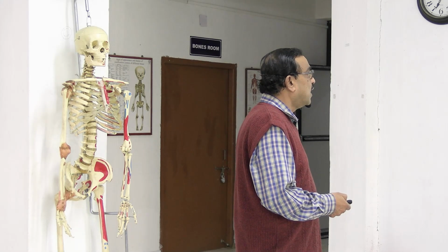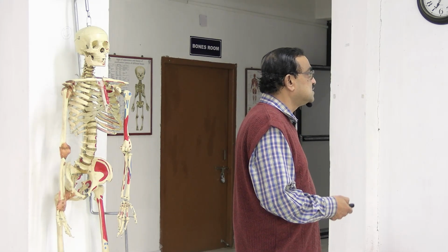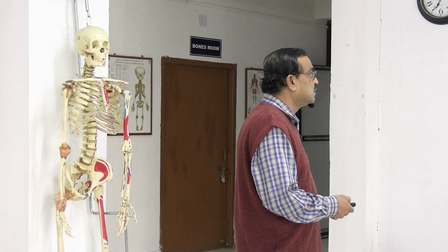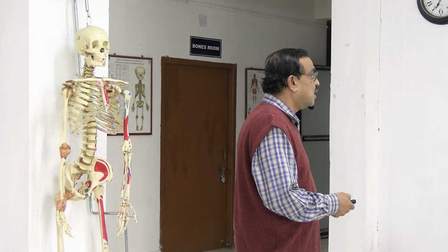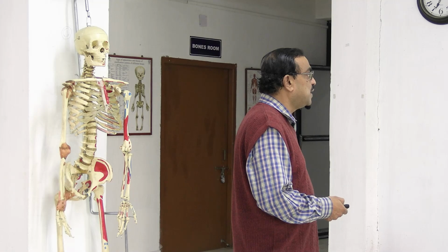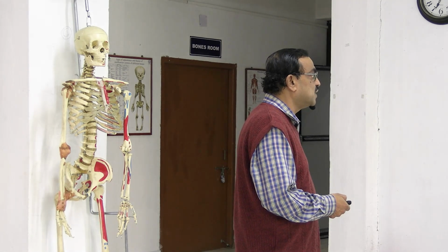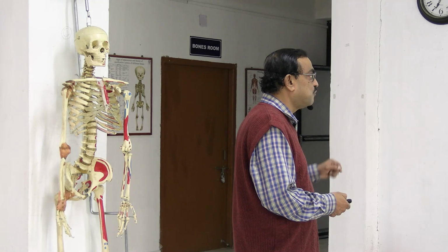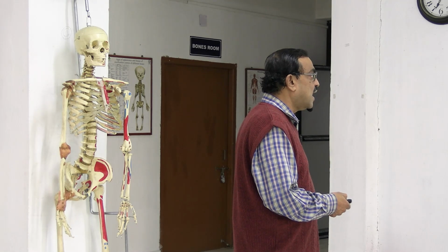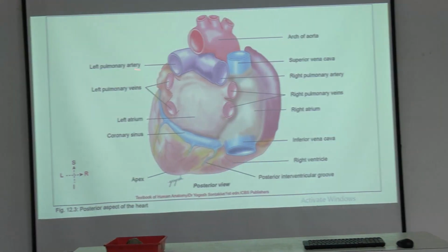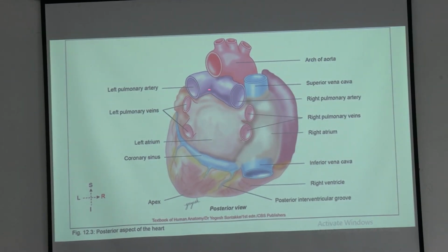Another thing we can see is the aorta, and also these 2 major trunks. The pulmonary artery arises from the right ventricle and divides into left and right arteries, and it goes to the lung.